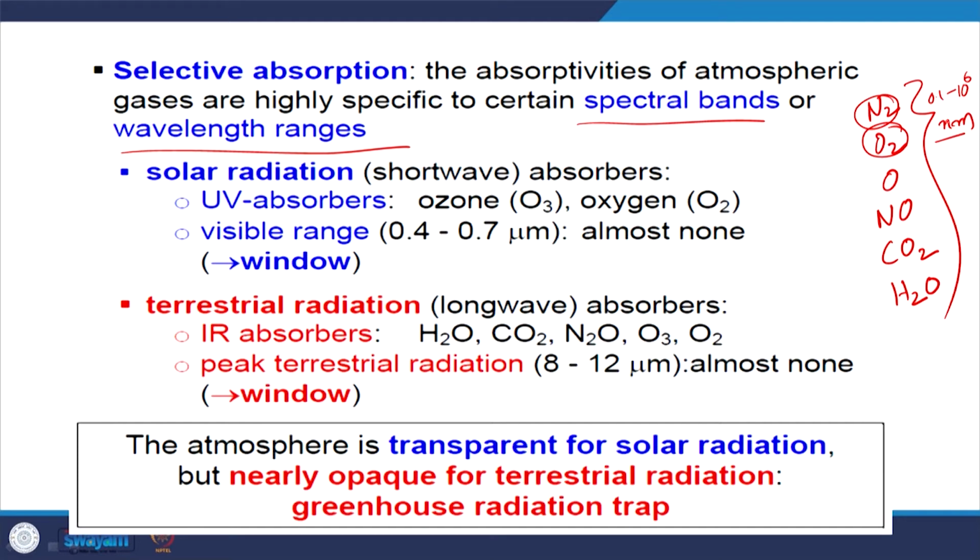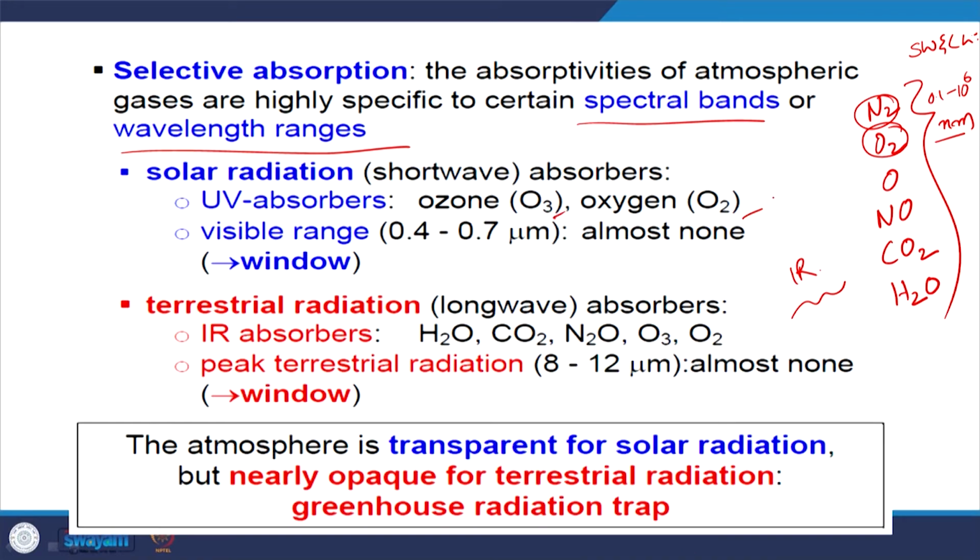Now, solar radiation: the earth is emitting infrared radiation into the atmosphere, and the sun is emitting both short wave and long wave radiation into the atmosphere, right. So, both of them have effects. For short wave solar radiation, the UV absorbers are ozone and oxygen.